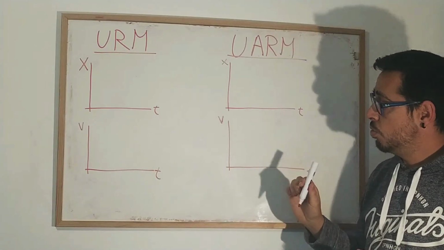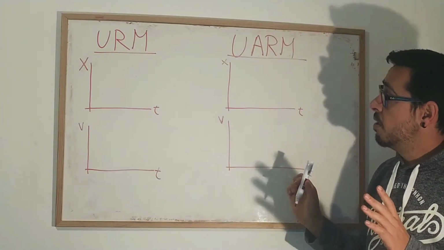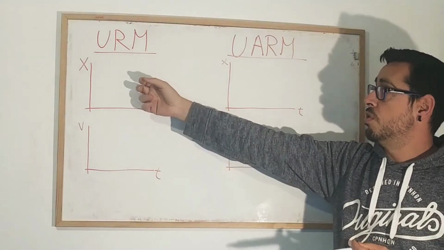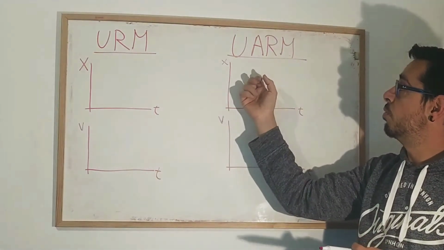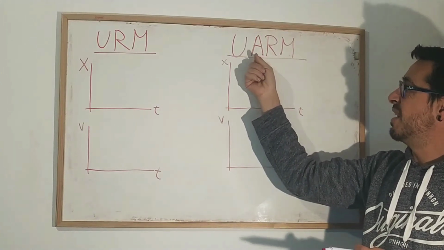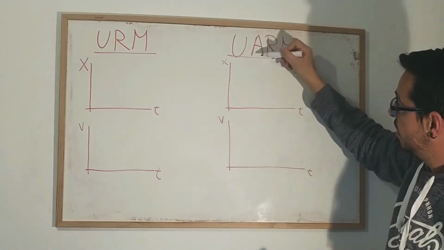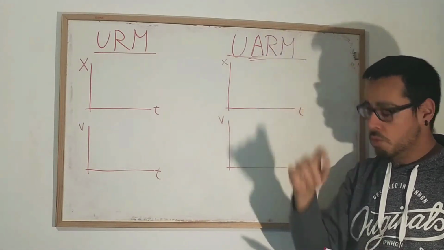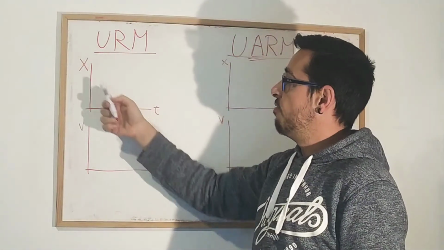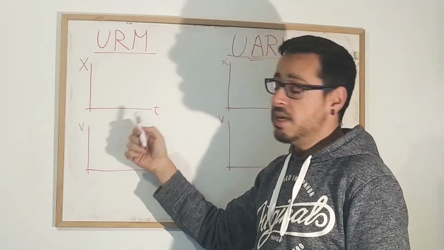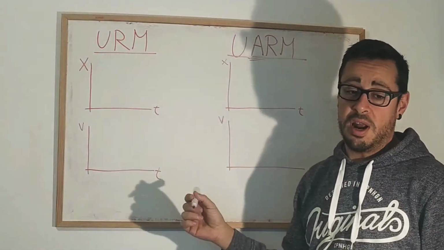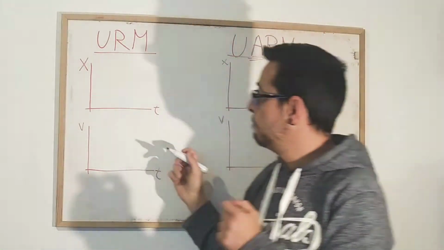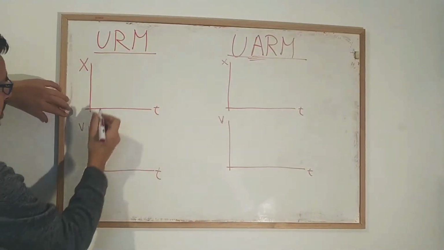And now I want you to take care with the graphs. I'm going to compare graphs of uniform rectilinear motion and graphs of uniformly accelerated rectilinear motion. So you remember that here we have a position time graph, and a speed time graph. The position time graph is like this.